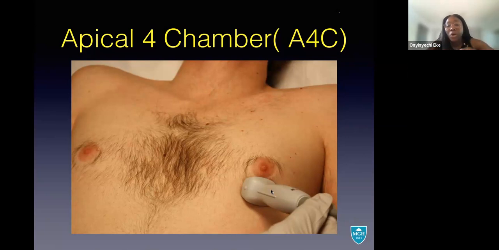And for women, you are going to go in that inframammary crease. Remember, you just want to let the patient know. Probe marker is going to point towards the patient's right. Sometimes, to make this view better, I will ask the patient to lay on their left side, or what we call the lateral decubitus position.